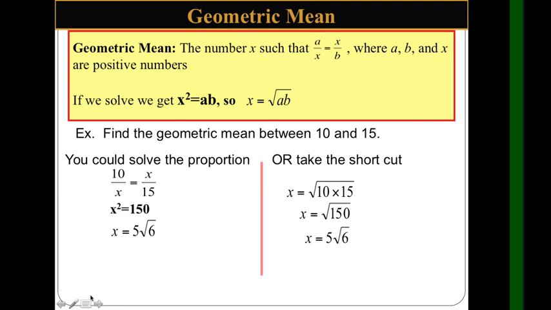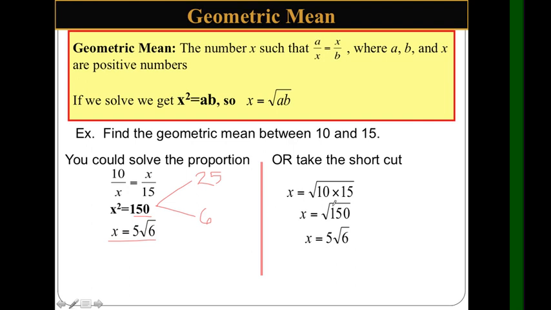Then, ang gagawin natin dito para makuha natin yung answer is that we will think of factors of 150, one perfect square and one not perfect square, and that is 25 times 6. 25 times 6 is 150. What is the square root of 25? That's 5. What is the square root of 6? That's the square root of 6. Hindi siya pwedeng makuha, or pwede siya makuha, but you can use a calculator. So our answer is 5 square root of 6.